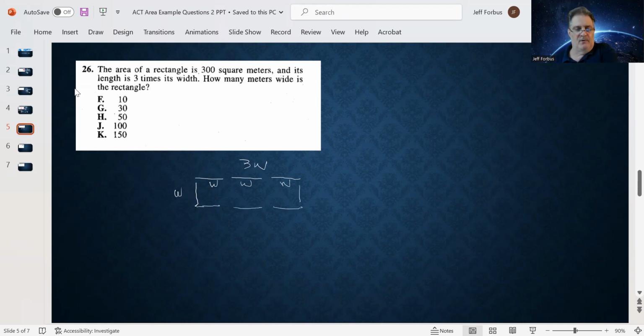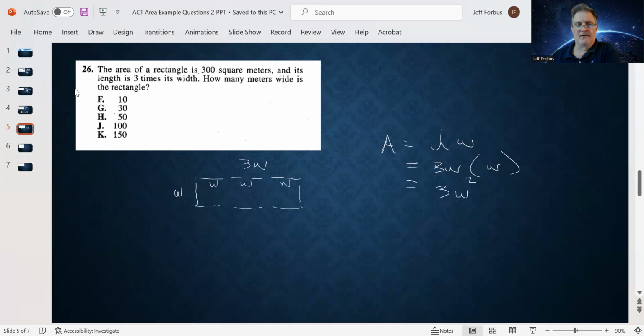And W represents the width. So now we can say area for our rectangle is equal to length times our width. Our length is 3 times W, and the width is just W. So this gives us 3W squared.